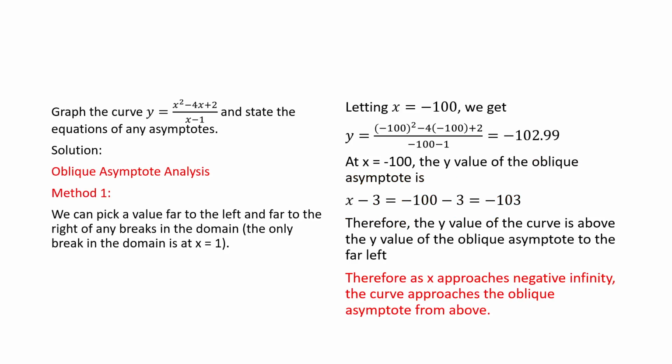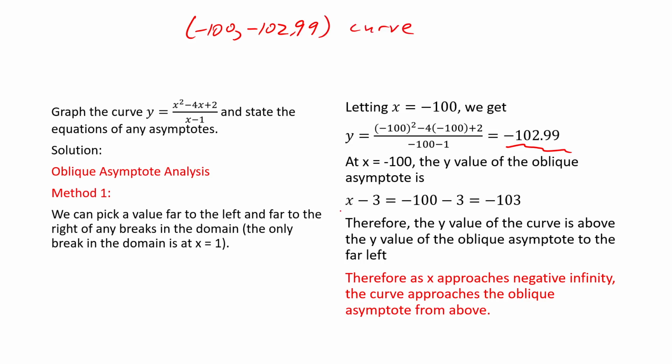Now let's look at our oblique asymptote analysis. We'll do the first method and then we'll do the second method. Letting x equal negative 100, we get a value of negative 102.99. What that tells us is that the point negative 100, negative 102.99 is on the curve.